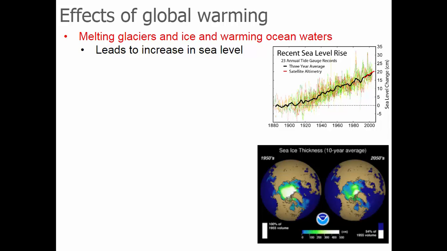But as that ice melts, what does that mean is going to happen? If there's less reflection, where's that energy going to go? Into the water. It's going to be absorbed, and that's going to speed up heating, which speeds up melting, which speeds up heating, which speeds up melting. And so you have this self-reinforcing system in which increased warming leads to more melting ice, and that process repeats.